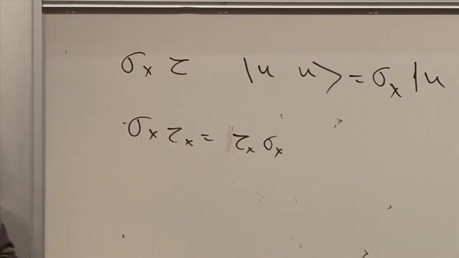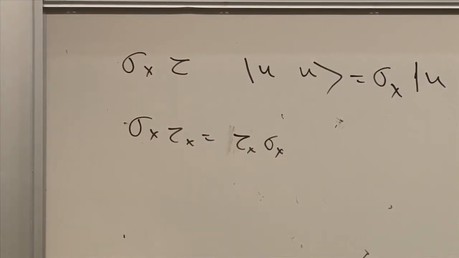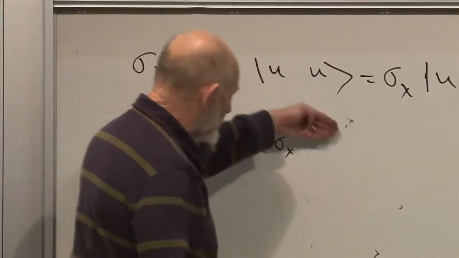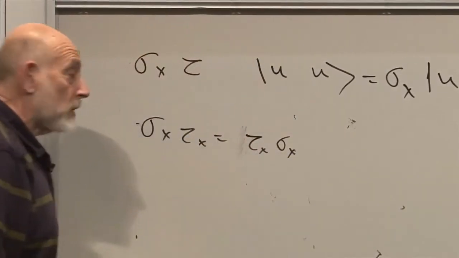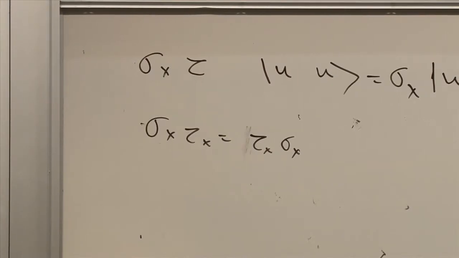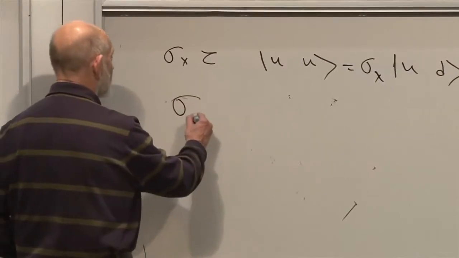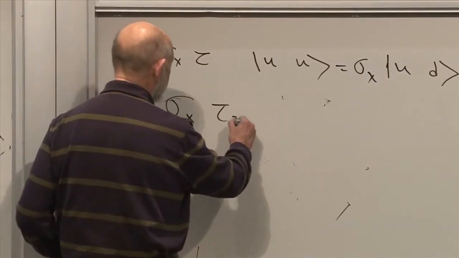It's enough to show that they give the same thing on basis vectors. But that's pretty easy. Not hard to do. You can do it on any basis vector, and you'll find out that the order of operations doesn't matter. In fact, the same is true if you take sigma x times, let's say, tau z.